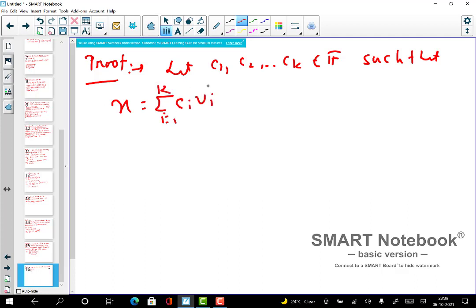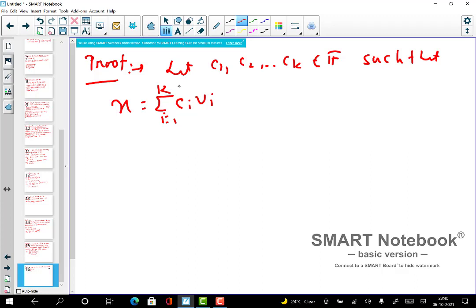This is by definition of x being an element of the span of B, and the elements of B are V1 to Vk.